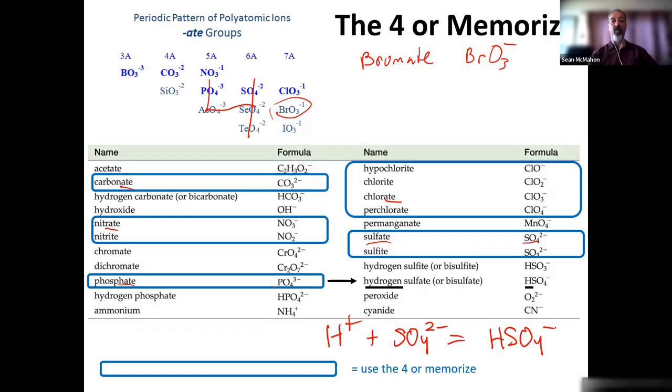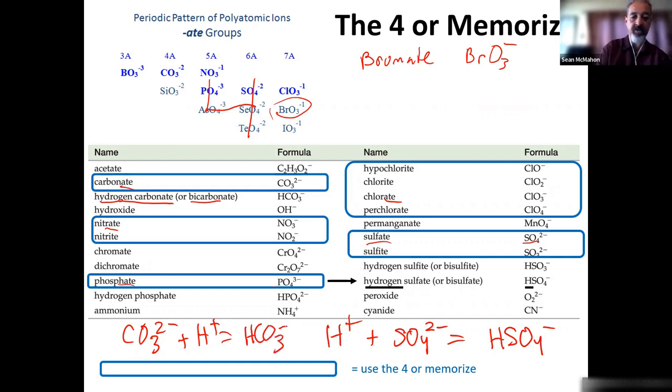That's hydrogen sulfate or bisulfate. Also, hydrogen carbonate, bicarbonate. How is that different? Here's carbonate, CO3 2-. If I add an H+, what do I get? Hydrogen carbonate or bicarbonate. That's the power of the 4. It gives me the 5 big ates so I can derive these hydrogens that I attach to these ates.